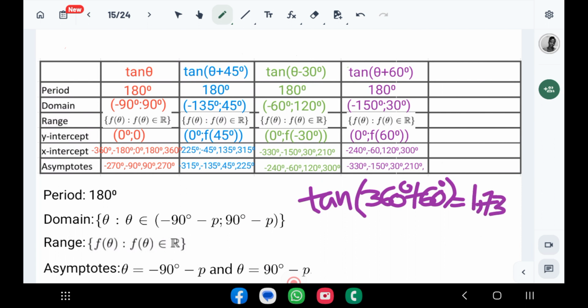1.73. On the other hand, negative 360 plus 60, tan of negative 360 plus 60, that gives us square root of 3, which is 1.73 as well. So that gives us 1.73.